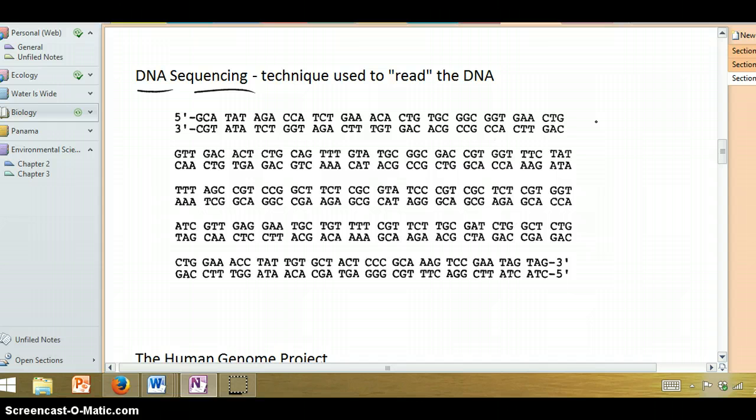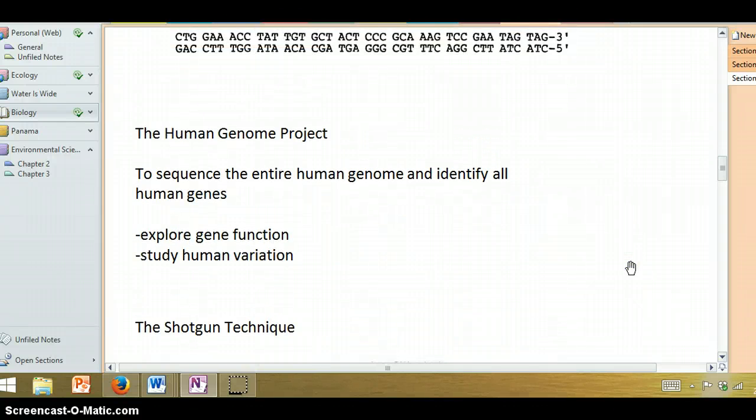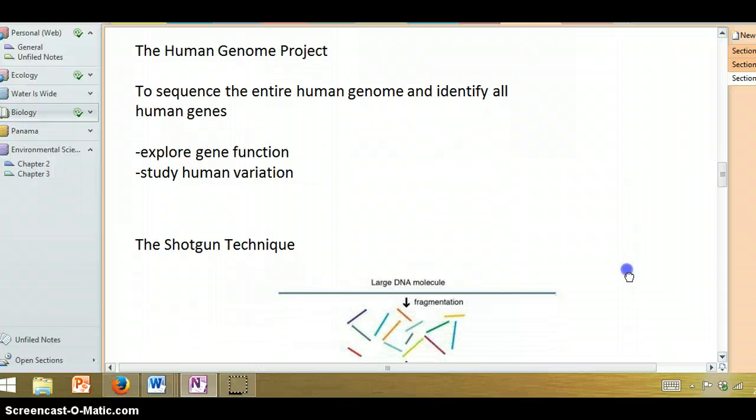And this is useful to identify particular mutations they might have at a very detailed level. It's useful to compare the variation between individuals, the variation between species. When you compare the sequence of DNA in chimps versus people, they're very similar to each other. There are differences, of course, but they're very similar. Of course, if you compare any two people, they're very similar, but there will always be some differences between us.